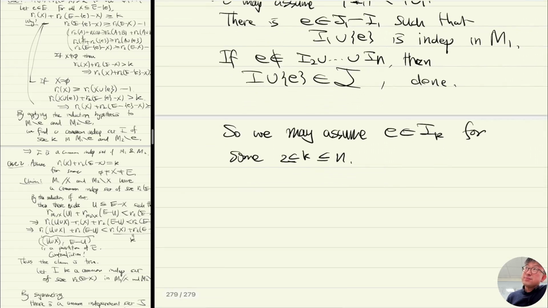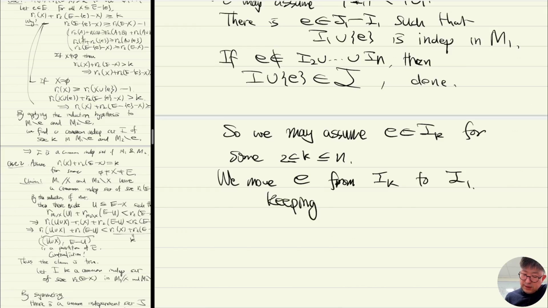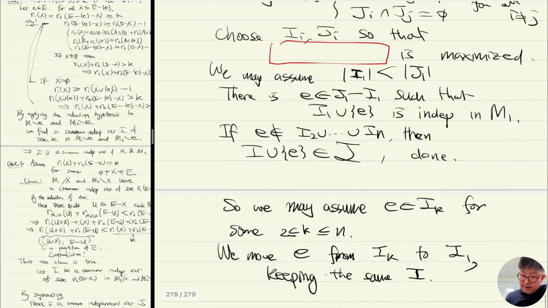Now we move E from Ik to I1, keeping the same I, right? Now nothing has changed.